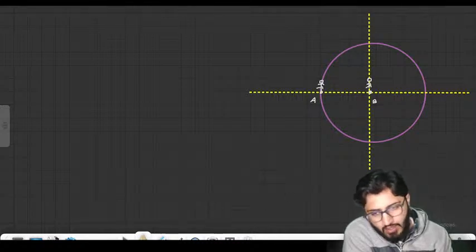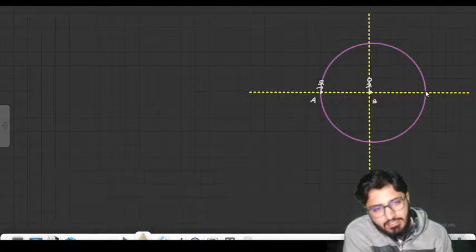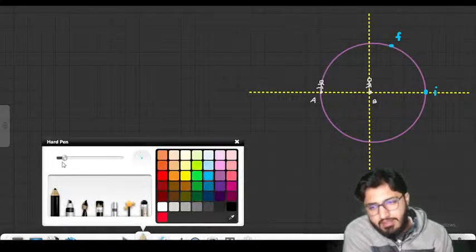Now, my particle is here at this point. Then afterwards, my particle is here. This is my initial point and this is my final point.